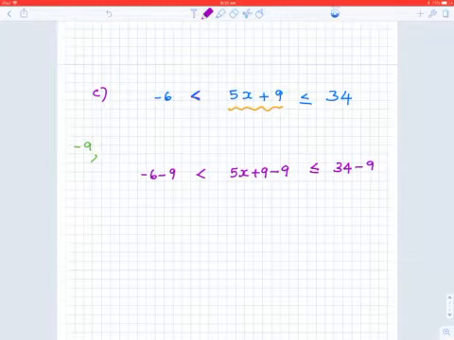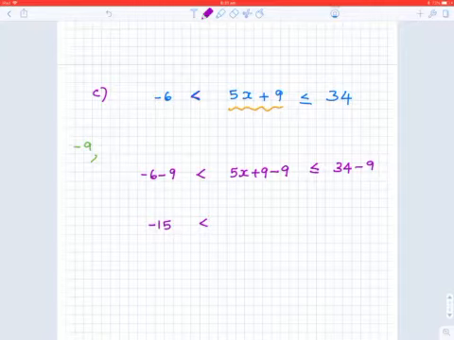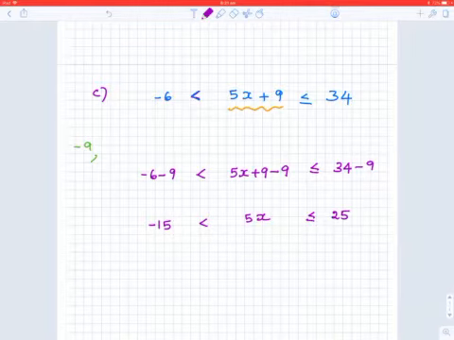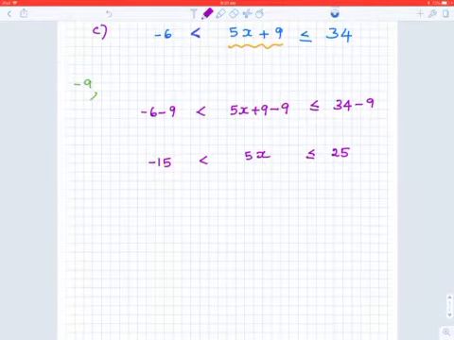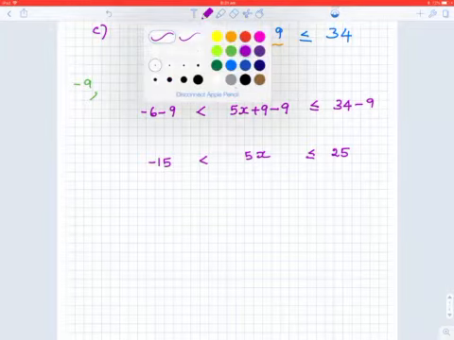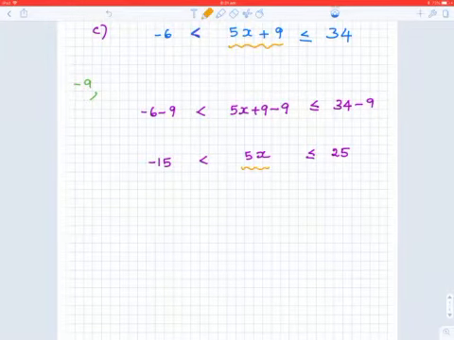Now I'm going to collect like terms and simplify. This line becomes minus 15 less than, the 9 and minus 9 get cancelled, leaving 5x, less than or equal to, and that gives you 25.